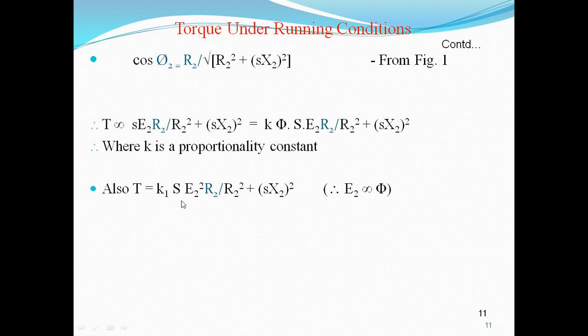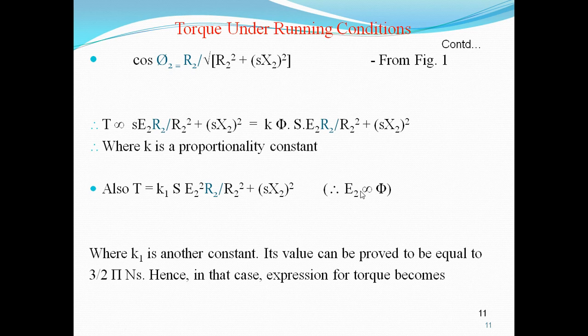So T equals K S E2 R2 by R2 square plus (SX2) whole square, where E2 is proportional to flux and K is a constant. Its value can be proved to be equal to 3 by 2 pi Ns.